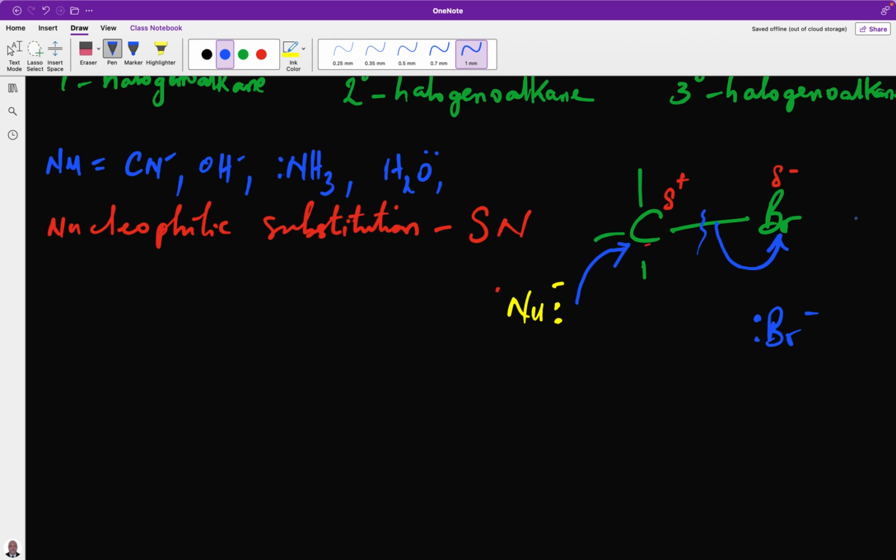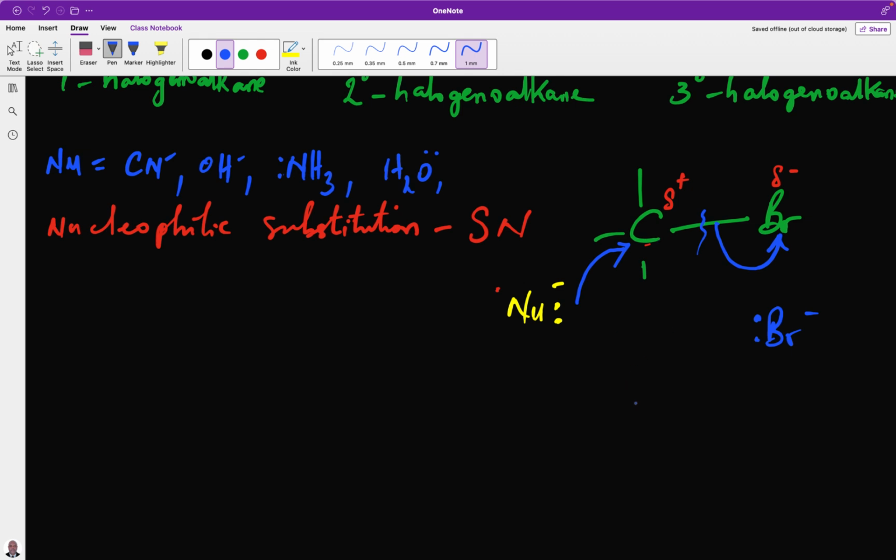Because bromine has taken away the bonding electrons, the nucleophile uses that same lone pair to form a bond between the carbon and the nucleophile.